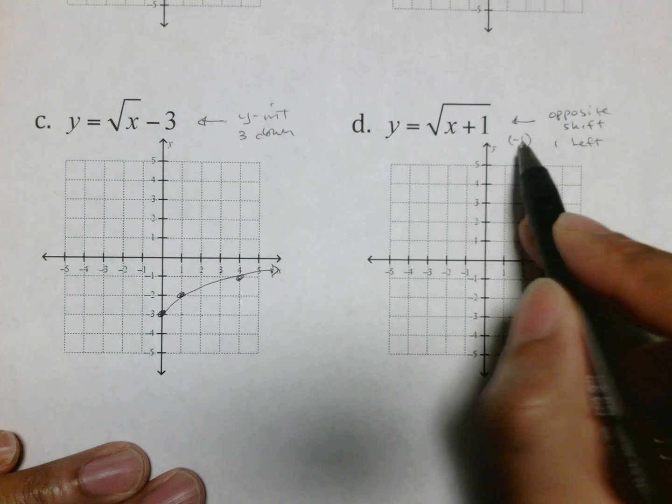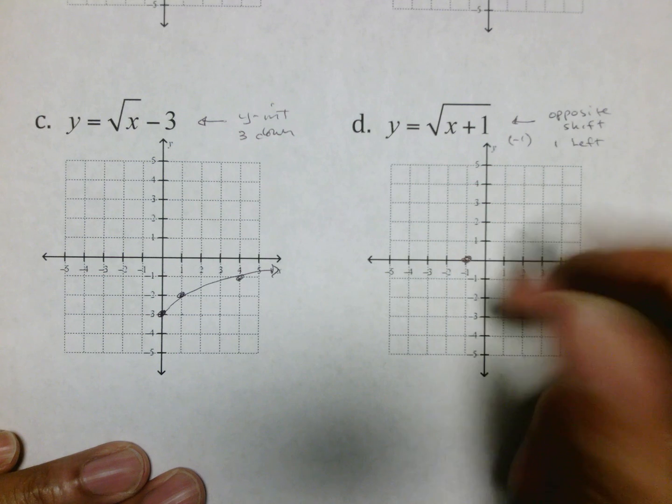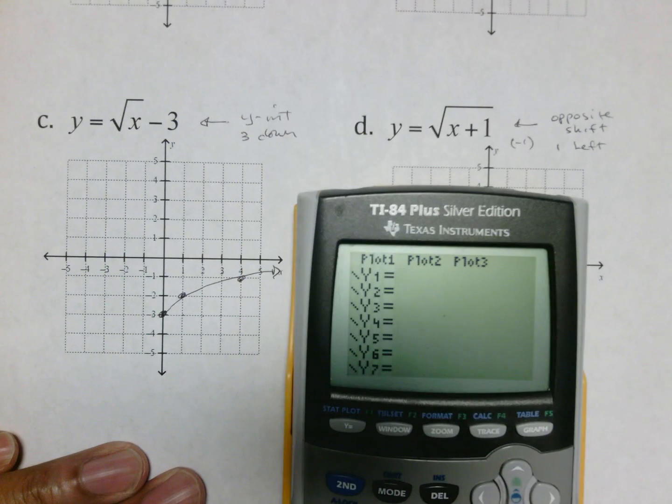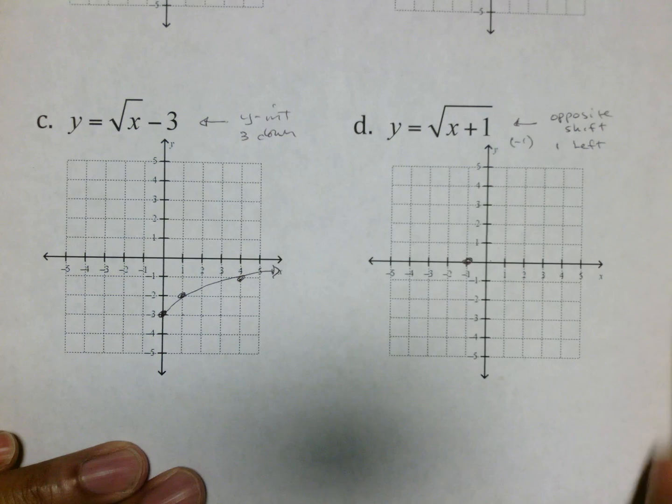This is the one where you shift it and it tells you to go back 1. And just for proof, put square root of x plus 1 under, and then graph, and you'll see that it looks just like the graph we're about to do.